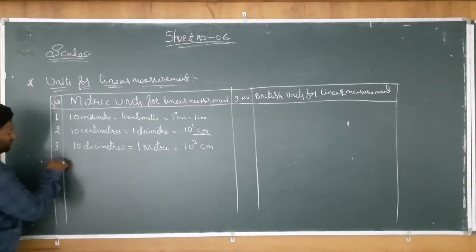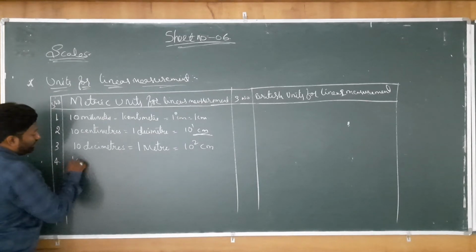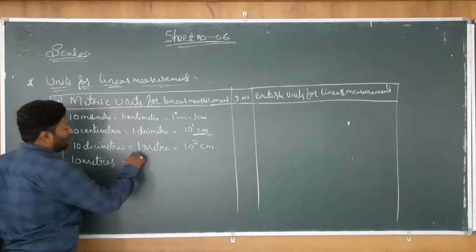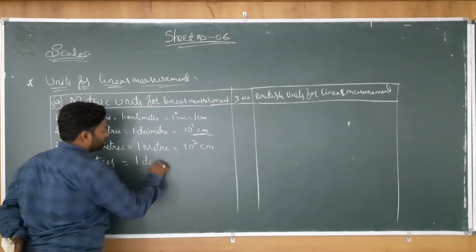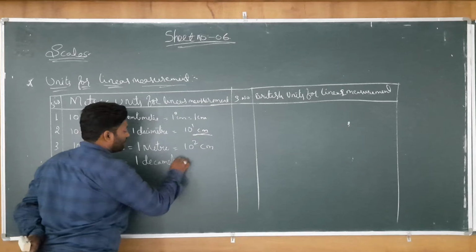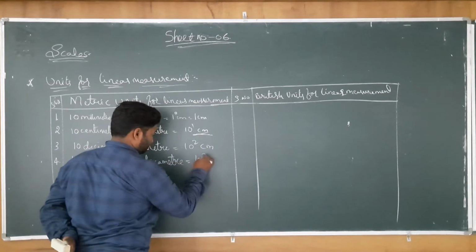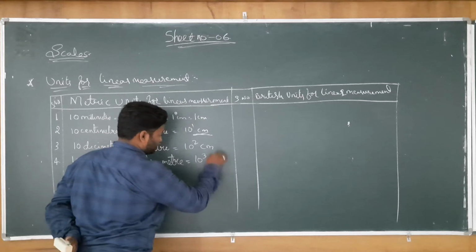Now, the fourth one is 10 meters is equal to 1 decameter. That is nothing but 10 to the power of 3 centimeters.